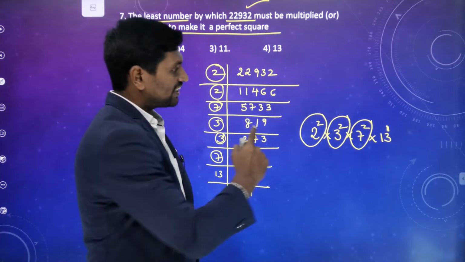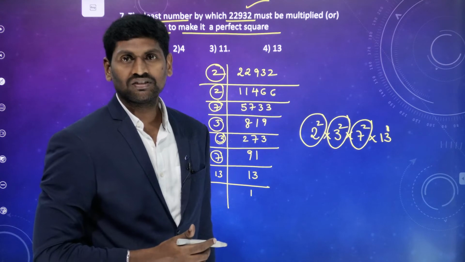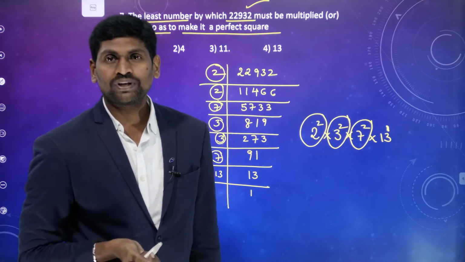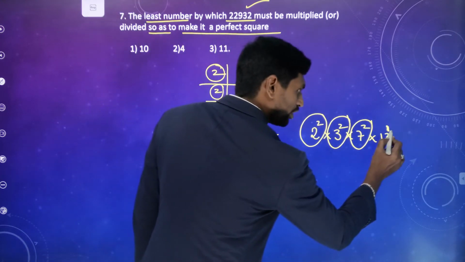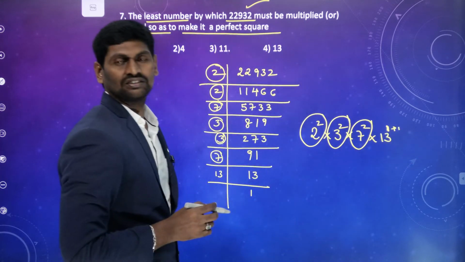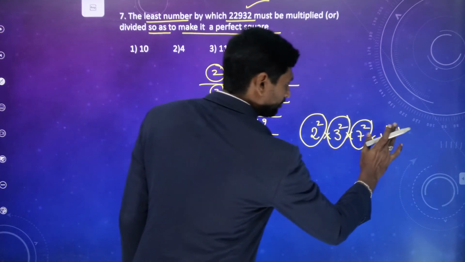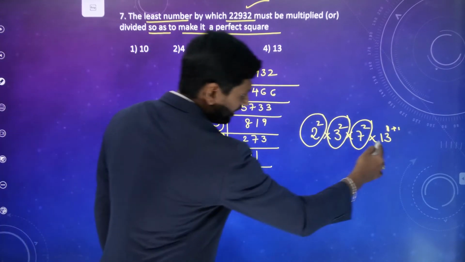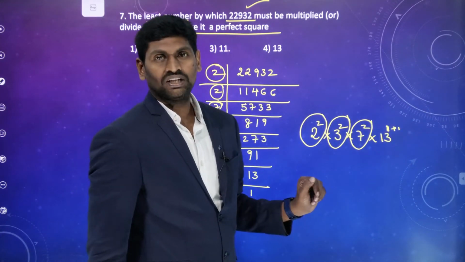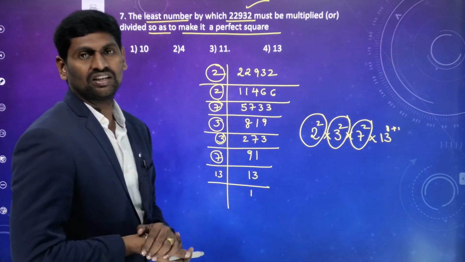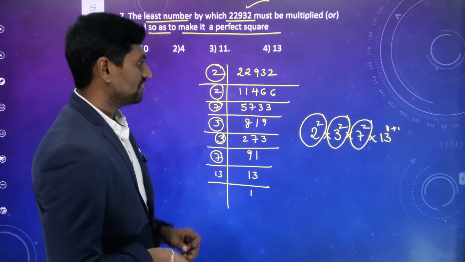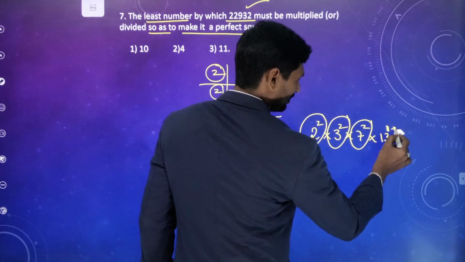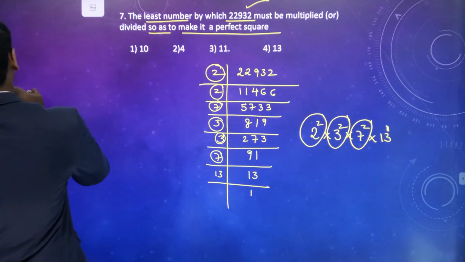13 power 2 means we can take 13 square. So what is the smallest number to multiply? If you multiply with one more 13, or if you remove this 13 by dividing, the given number will be a perfect square. So what is the answer? One more 13.